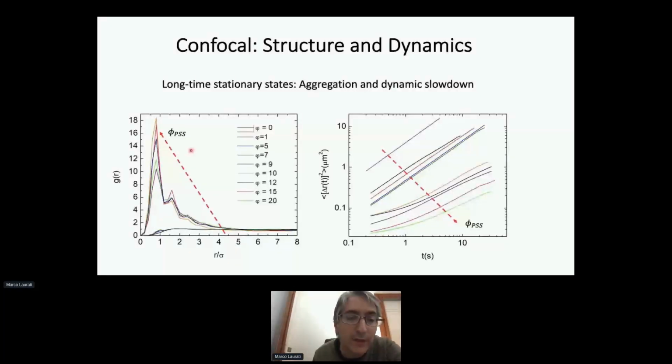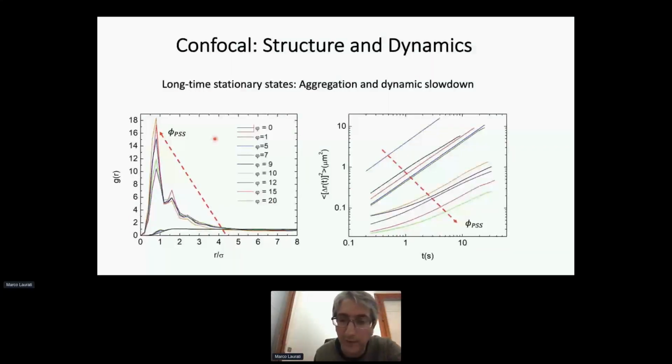And as you can see, we see what we expected, and also what you could expect from colloid polymer mixtures in general, which is that at some characteristic volume fraction of the PSS, we observe aggregation in the structure, and also the slowdown of the dynamics, essentially, which becomes more and more arrested.